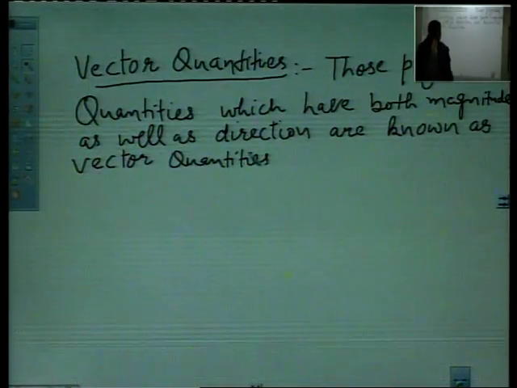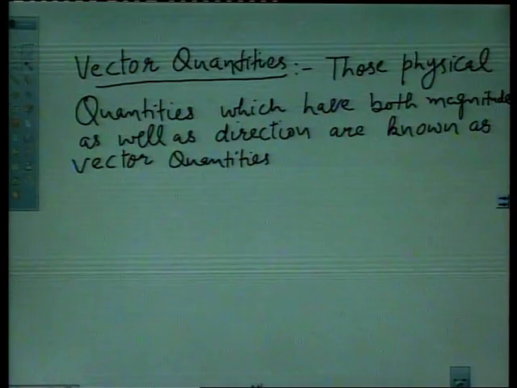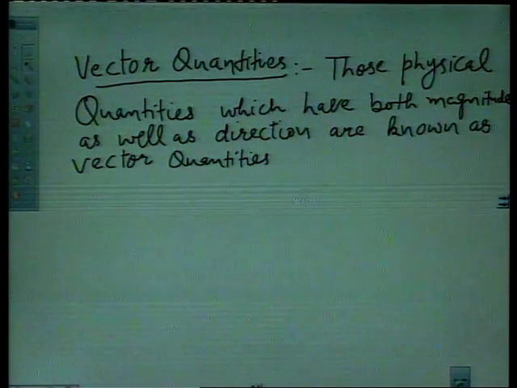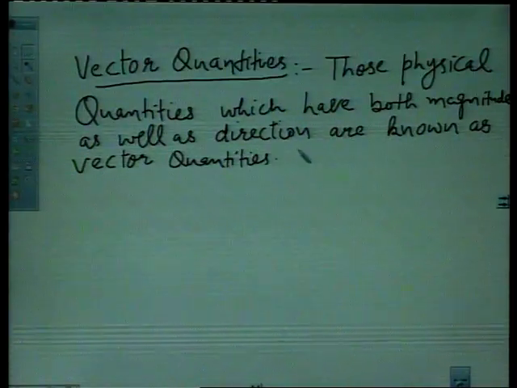So the quantities which are having both the value and can be described by any direction are called vector quantities.